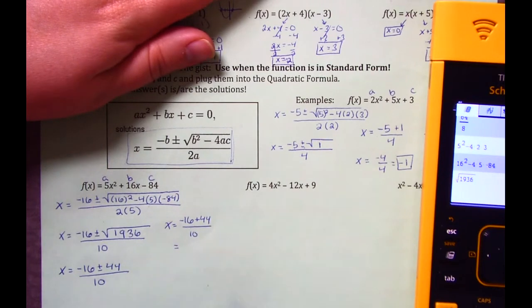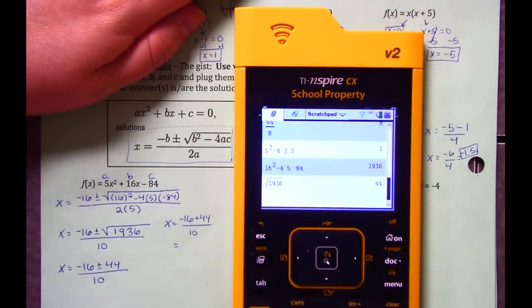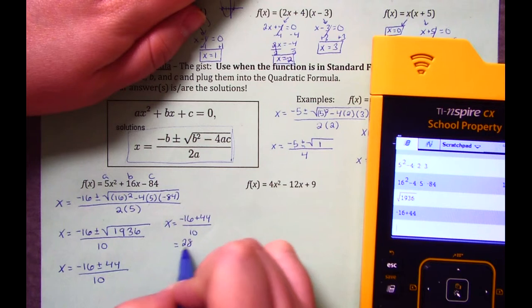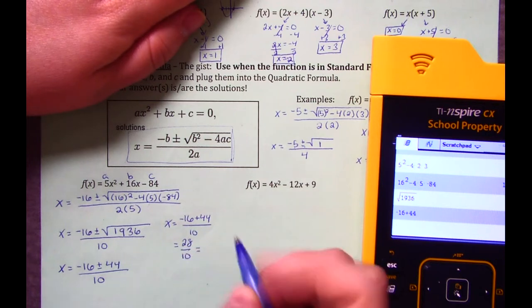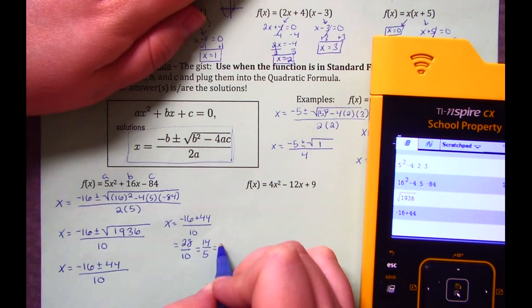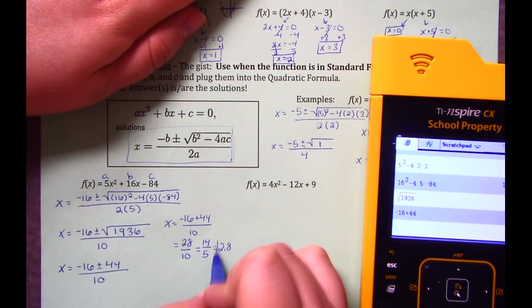So I have x equals negative 16 plus 44 over 10, which actually equals negative 16 plus 44 is 28 over 10, which reduces to 14 over 5, which as a decimal is 2.8.